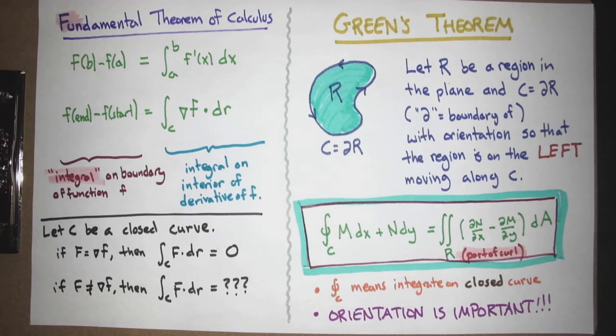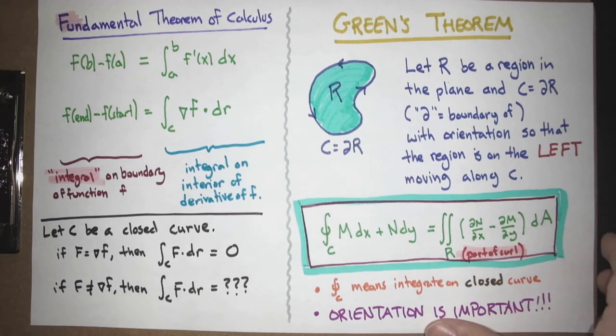Okay, any questions on Green's theorem? Other than the big one, which is, what's going on? What do these things represent? We'll get to that one. All right. Well, in that case, I think it's time for us to talk about some holy matters here.